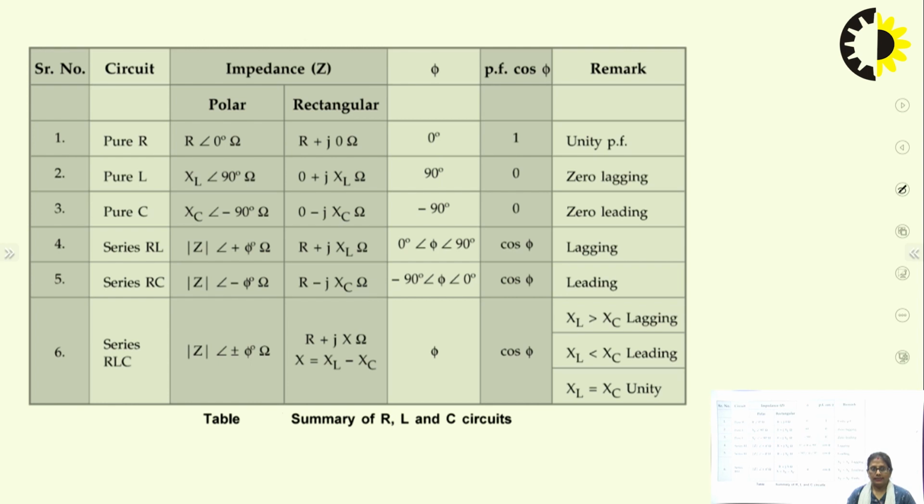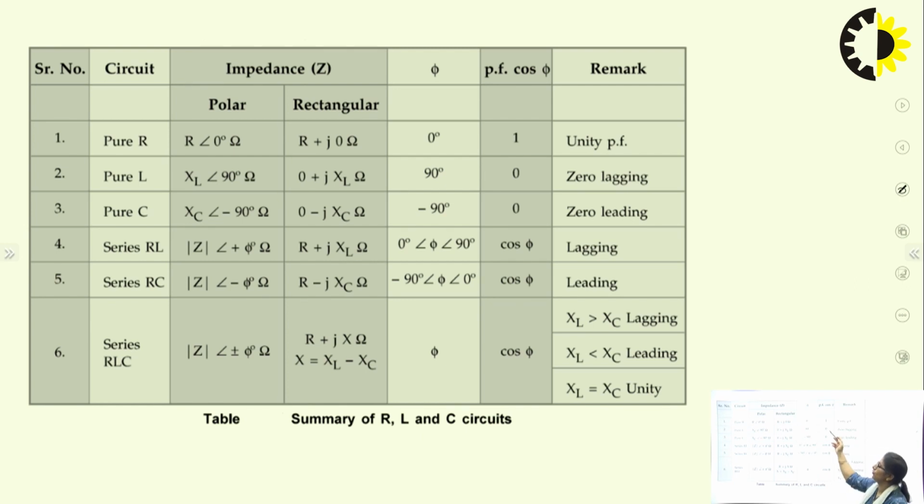This is the table which represents all the kinds of load: purely resistive, inductive, capacitive, RL, RC and series RLC, their polar and rectangular representations. What will be the power factors we have seen? Likewise, purely resistive has the angle 0, then 90, minus 90, similarly the power factor, and the nature.